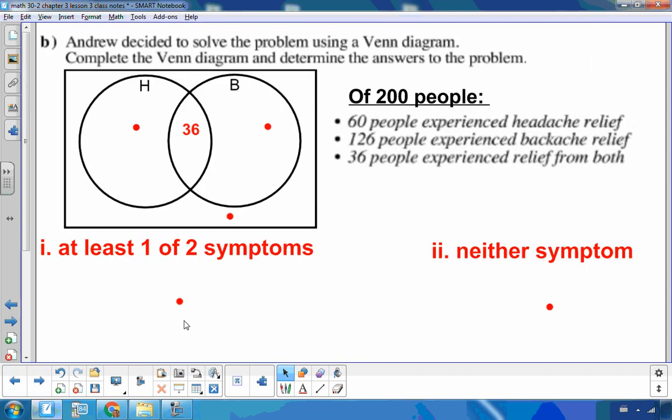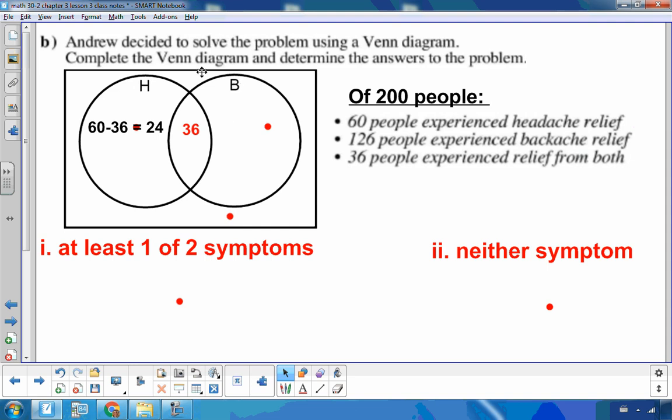So Andrew did it as a Venn diagram. So he said, okay, I know that 36 people received relief from both. So he put 36 people in the middle out of the 200. There's overlap. Now, 60% of people got relief from headache. So this whole headache circle has to add up to 60. So 60 minus the 36 there, 24 for headache only.